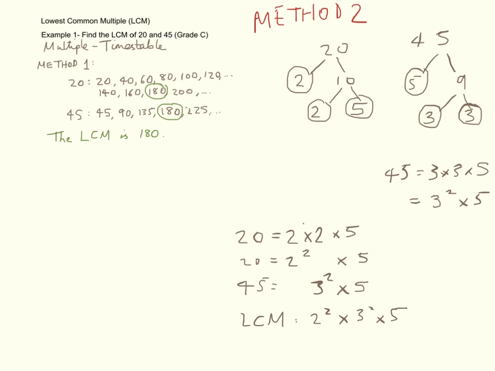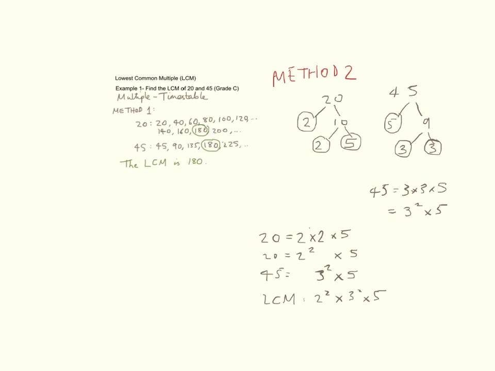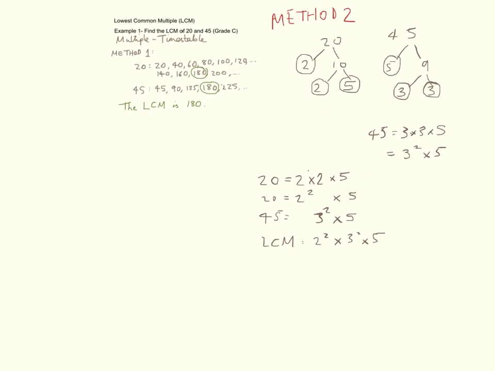And if I just make a bit more space here and write this out, so if I work this out now, 2 squared is 4 times 3 squared is 9 times 5. So I need to work this out. 4 times 5 gives me 20 times 9.